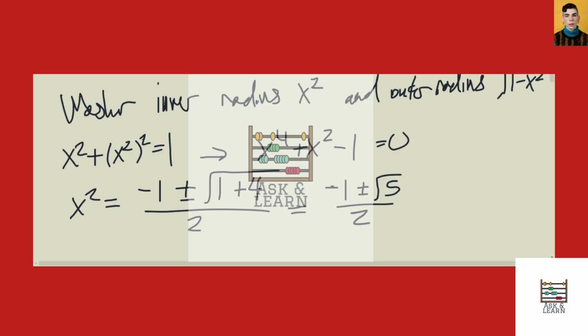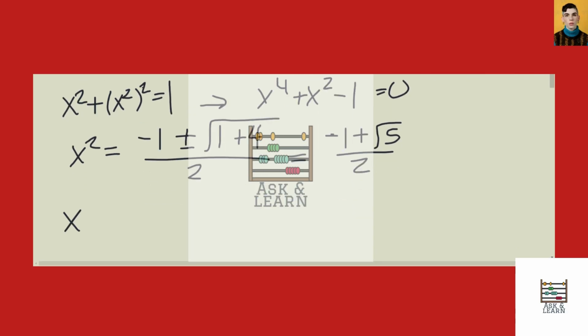However, x squared is positive, so we're really only considering negative 1 plus root 5 over 2. And therefore, x is going to be plus or minus the square root of root 5 minus 1 over 2. And if you have to calculate, this is approximately 0.786.